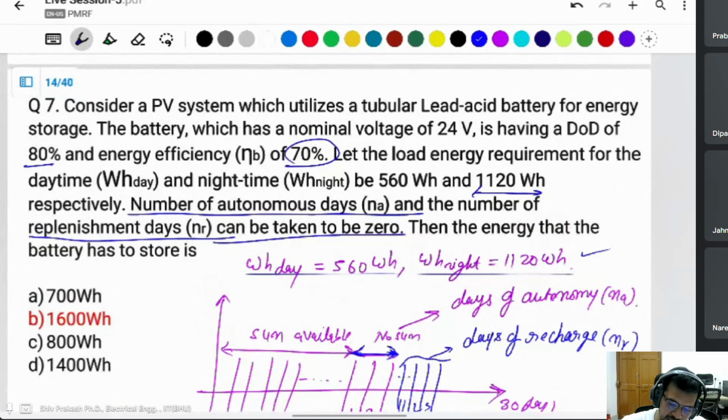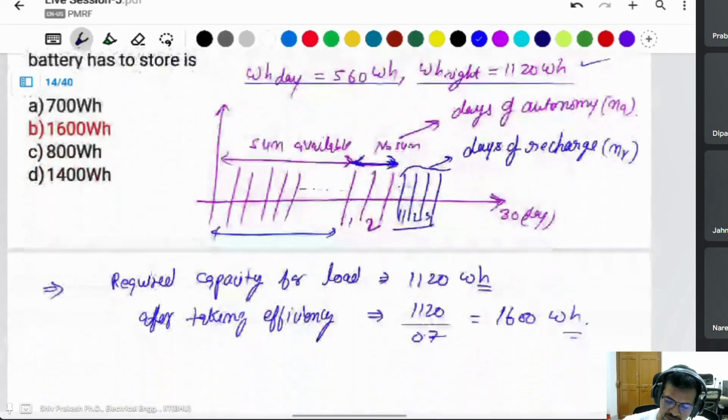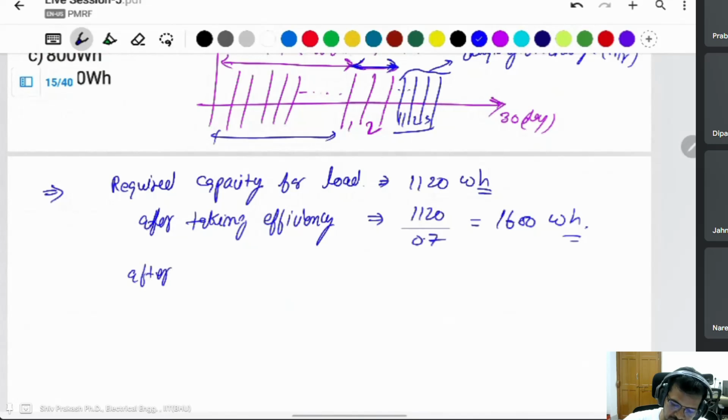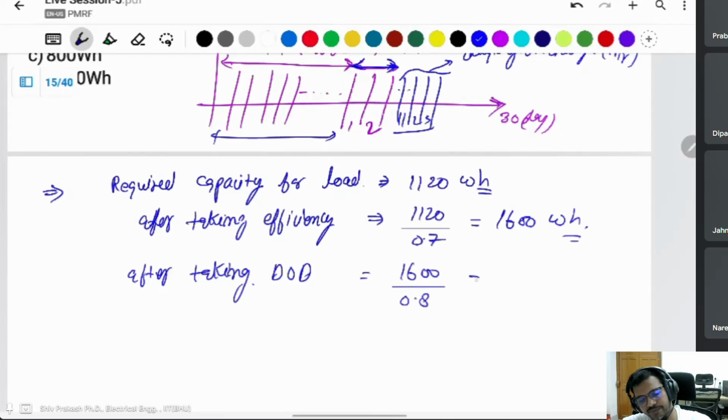Next, having a DOD of 80%: after taking a DOD of 80%, it will be 1600 divided by 80%, so it will be 2000 watt hour.